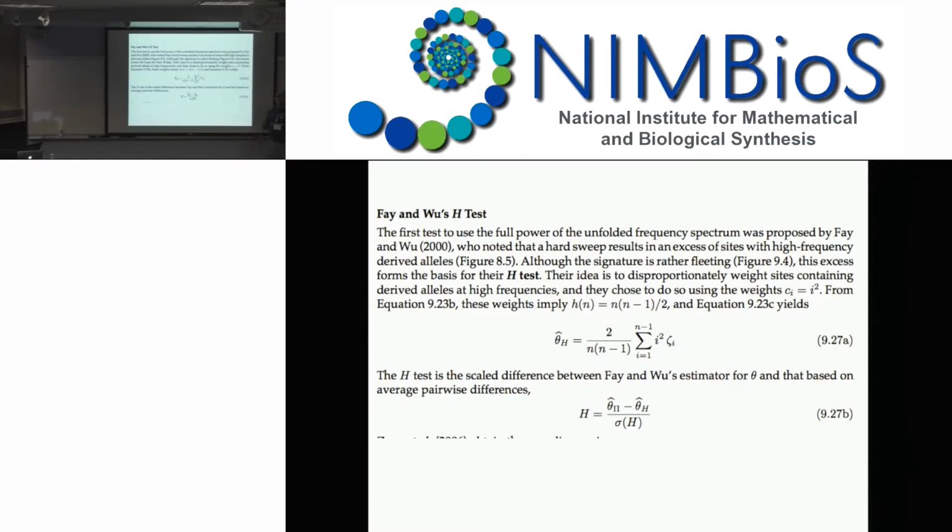And the idea is one of the things that happens under selection is you get a shift, you get a lot of high frequency derived alleles. That's a very unusual signal you don't get from most demographic features. You can get it from a surf, but not from anything else. So this is one weighting scheme they had to use, and then basically that's their estimate based upon theta by overweighting the high frequency values.